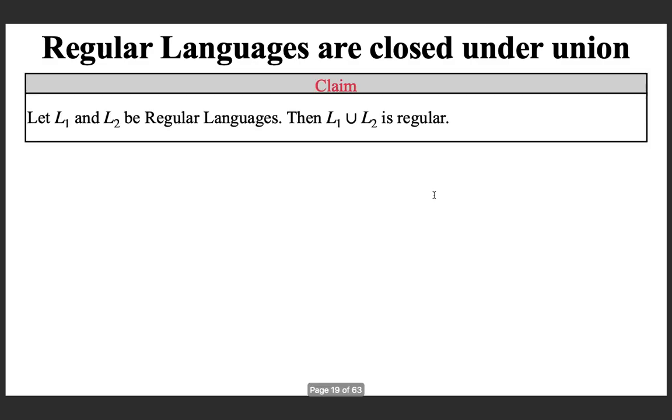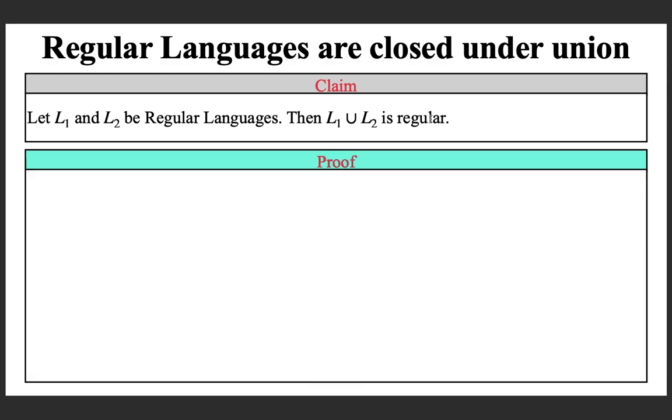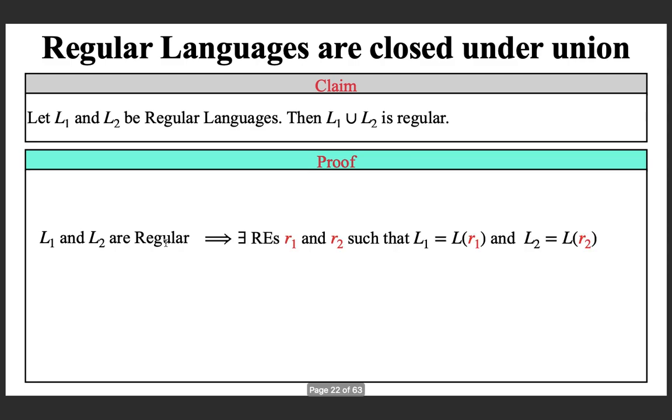We can have a claim which tells that if L1 and L2 are regular languages, then L1 union L2 must be a regular language. We can have a proof. Given that L1 and L2 are regular, then without loss of generality, we can assume that there exist regular expressions R1 and R2 such that L1 is the language of R1 and L2 is the language of R2.